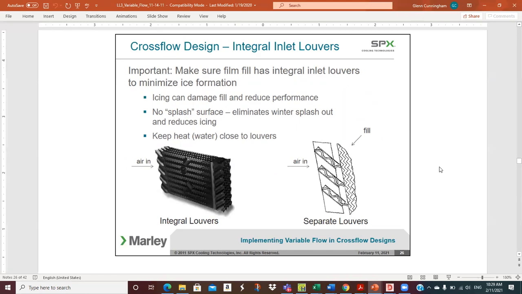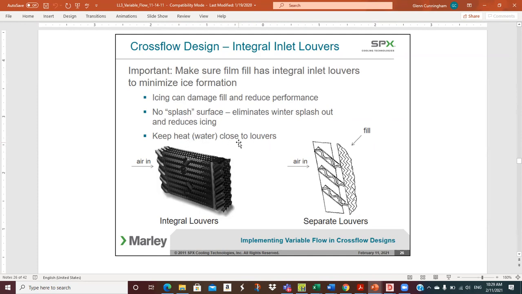Okay, other things we can do, we can have what they call integral inlet louvers. Important: make sure film fill has integral inlet louvers to minimize ice formation. These are designed to reduce the potential for ice formation. Icing can damage fill and reduce performance. No splash surface eliminates winter splash out and reduces icing.